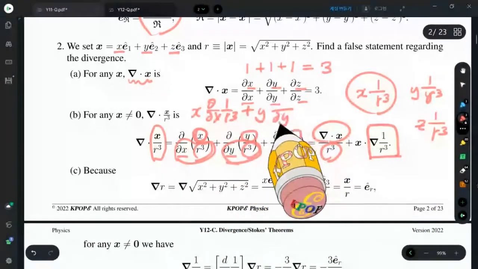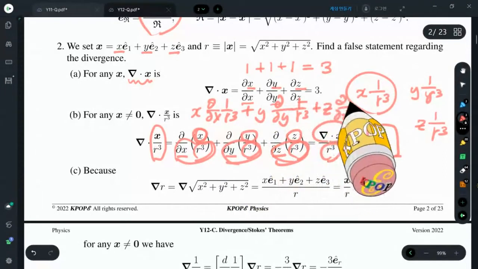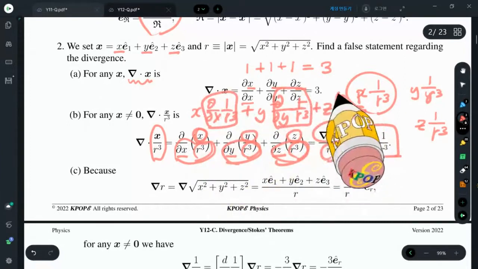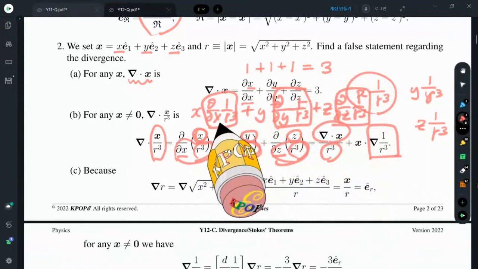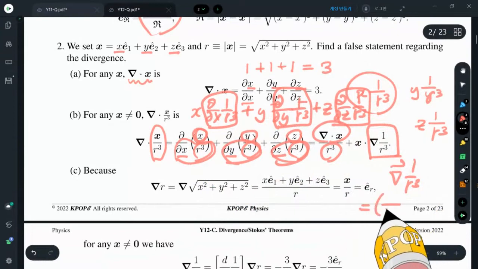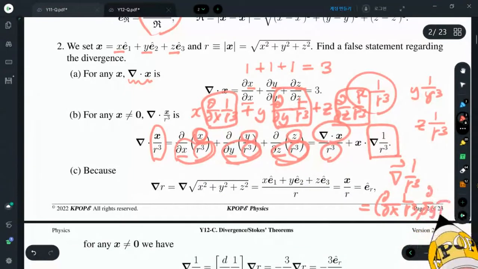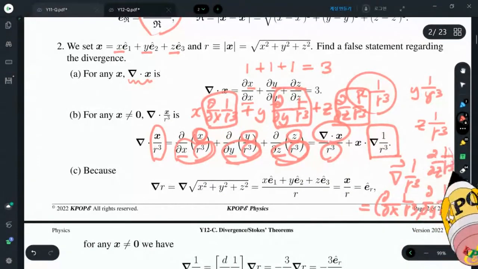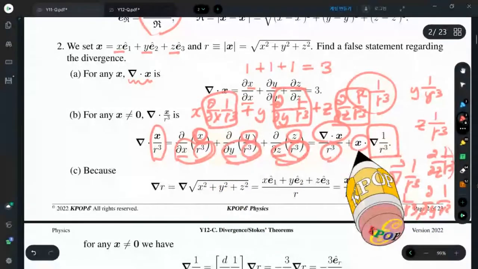This is the x component of the gradient of 1 over r cubed, the y derivative, and the z derivative. And scalar product with x.